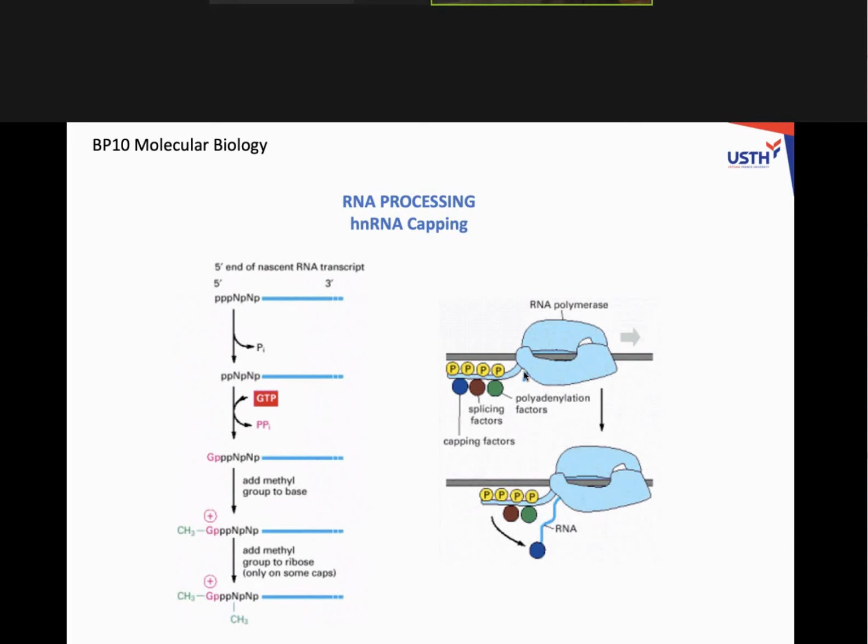So what's happening is, as soon as the new nascent RNA comes out of the polymerase, those capping factors will interact with the 5' end of the nascent RNA, and all those factors will ensure the removal of the phosphate, the transfer of the guanyl, and the methylation of the rest. So this is a complex of factors. Okay? It will be the same for splicing, and it will be the same for polyadenylation.